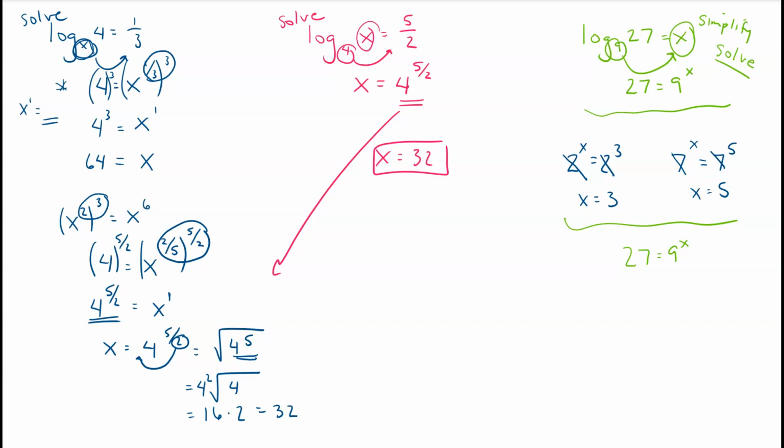No, I can't write 27 with a base of 9, but is there any base you can think of that would give us 9 and 27? 3 squared makes 9, and 3 cubed makes 27, and multiplying my exponents together, I have 3 cubed equals 3 to the 2x. Now my bases are the same, so I can simply cancel away my bases. I get 3 equals 2x. I can divide by 2 and get x equals 3 over 2.